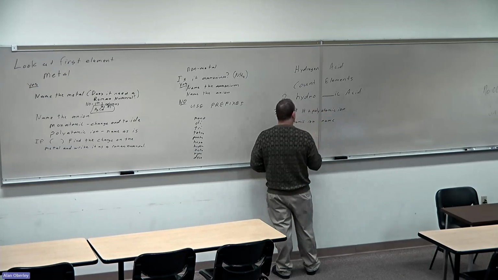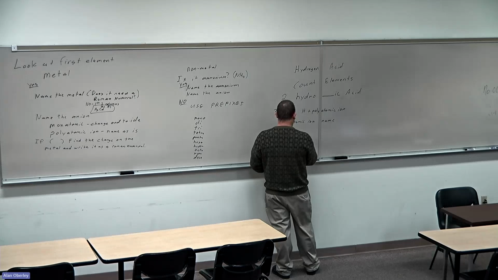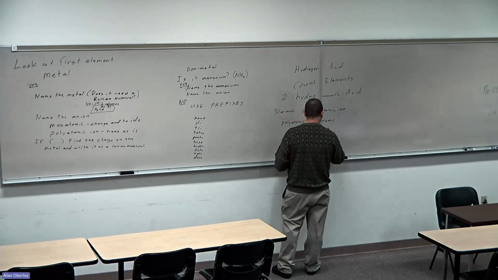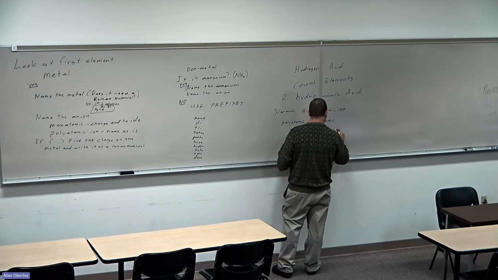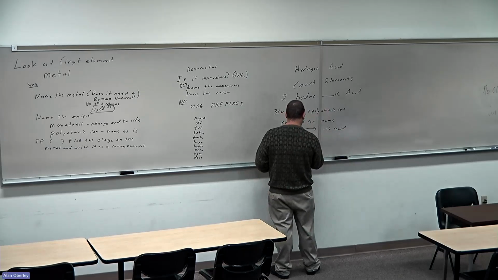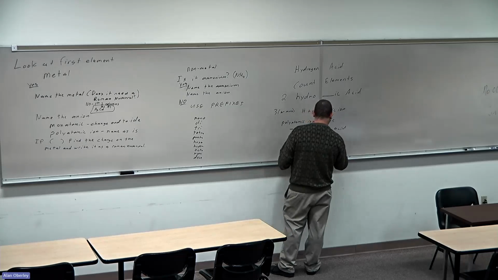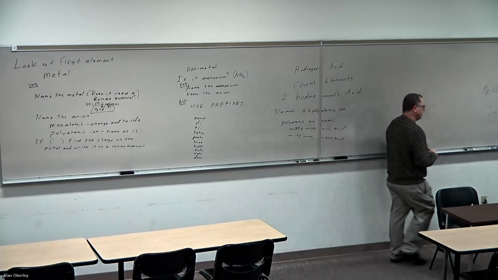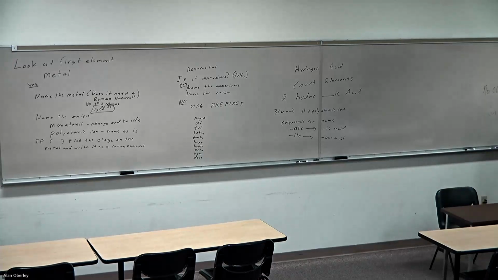I forgot about that thing in the middle here. If it's ATE, we are going to change it to ic acid. And if it's ITE, we are going to change it to OUS acid. Pretty simple, right?